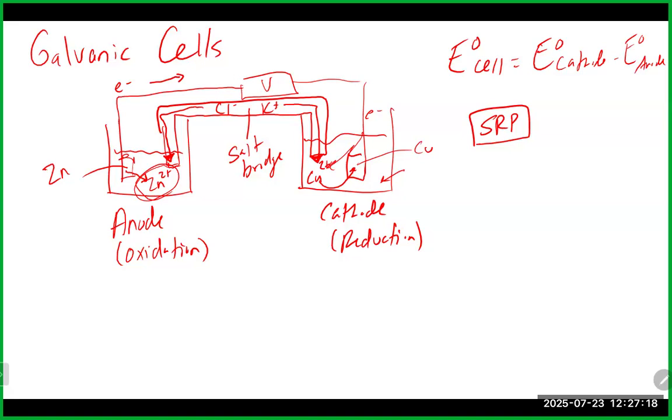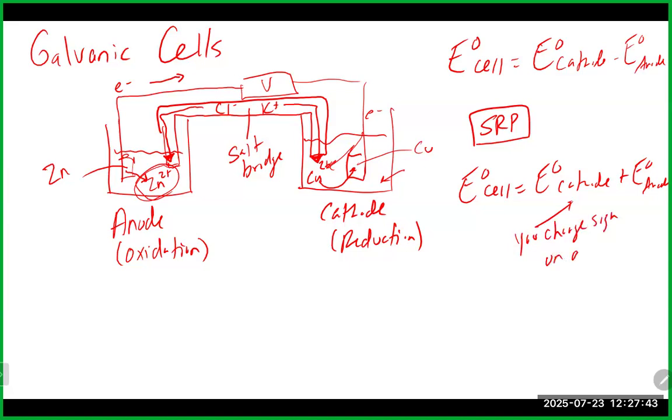And you can do one of two things. If you reverse the reaction, you can change the sign that you see in the table for it to be the correct sign. And if you do that, as we talked about, you should add instead of subtract. So if you decide yourself that you want to change the sign on the anode, you should add.